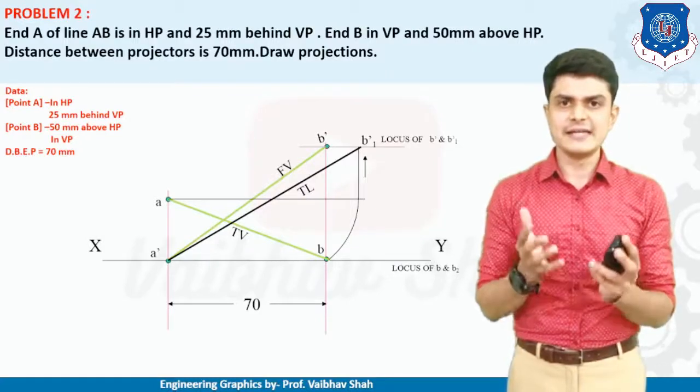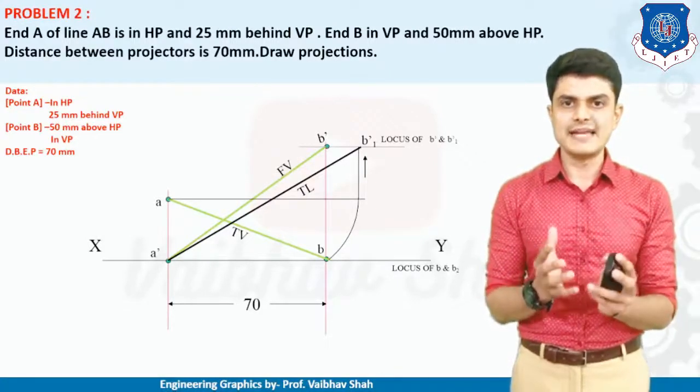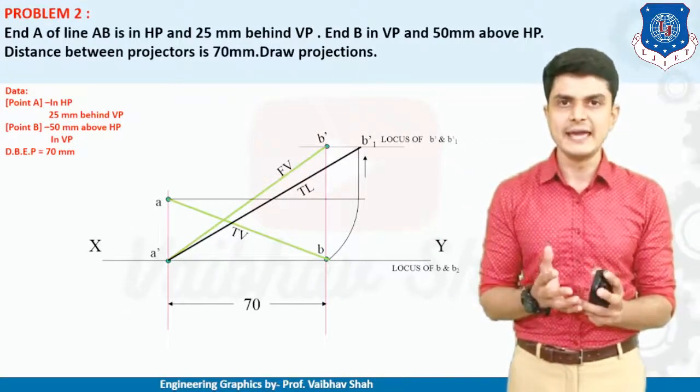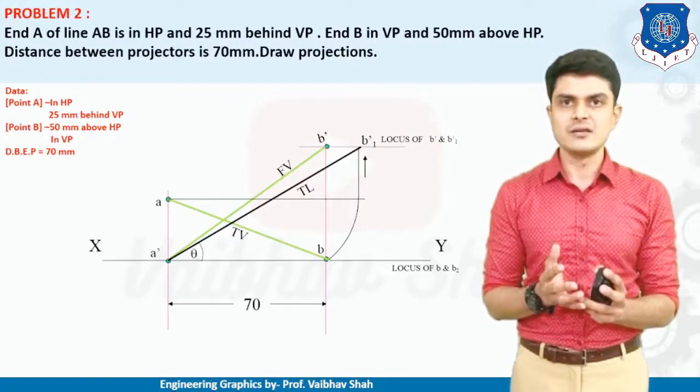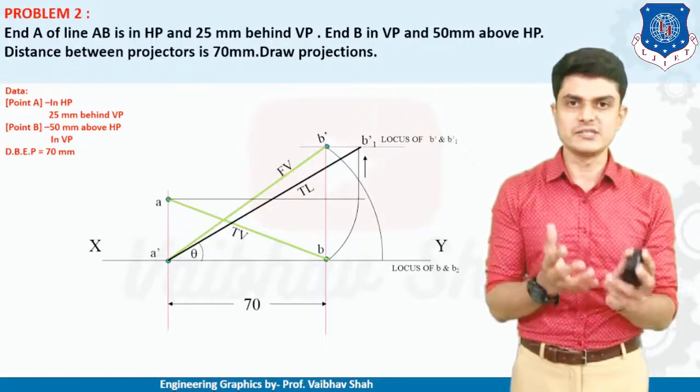Thereafter, very easy, take the dimension of your true length onto your rounder, put your rounder at position A and cut the line of locus B2, and you will have your true length generated.